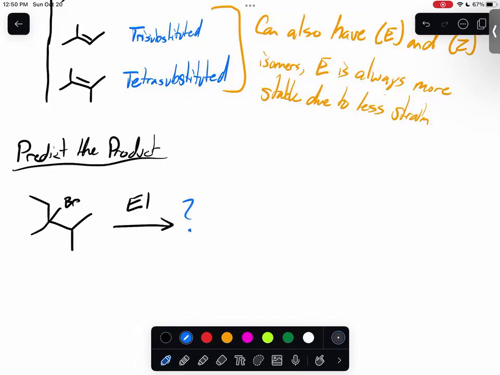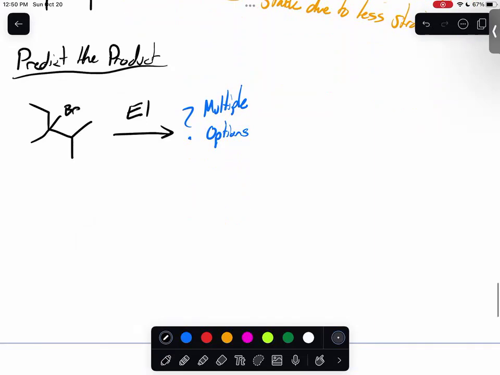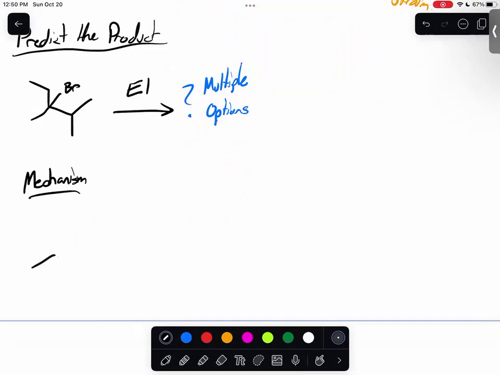Well, there are multiple options. The reason is because if we think about the mechanism, the first thing that we do is the leaving group leaves. That bromine is going to leave on its own, and we end up with the carbocation.